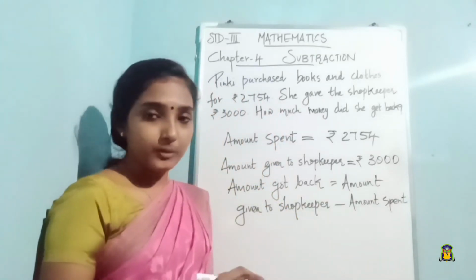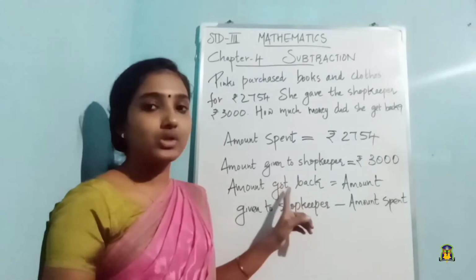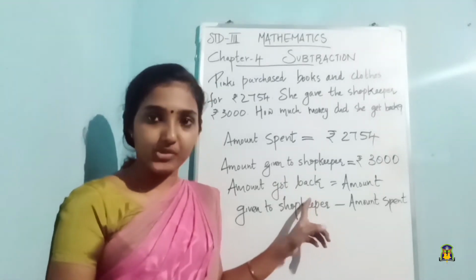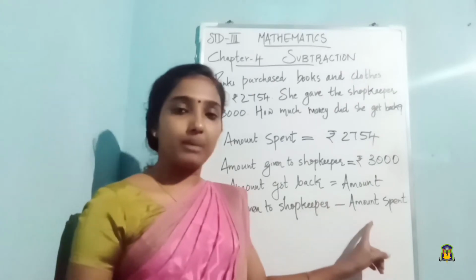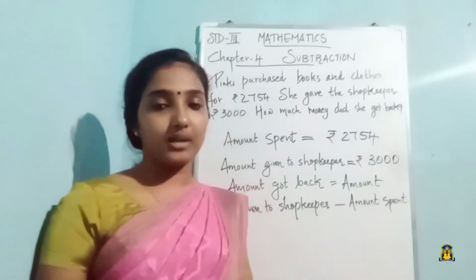Okay. So to find the amount she got back, we have to subtract the amount Pinky gave to the shopkeeper and the amount she spent on clothes and books.